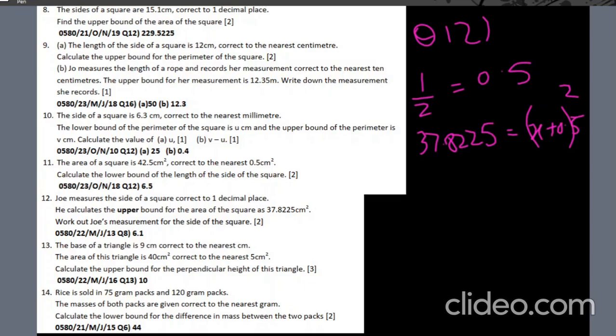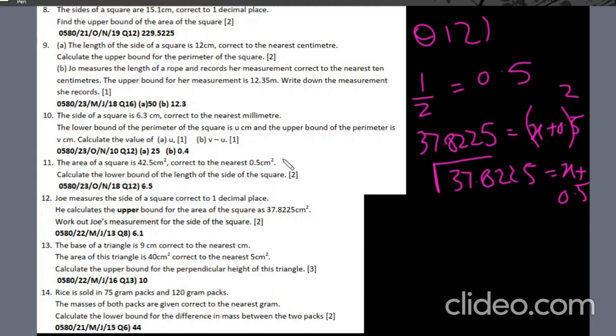So we take the square root of 37.8225 and then subtract 0.5 from it. So we first take the square root of 37.8225, and then to make x the subject, take 0.5 to the other side. 5.65 is the answer.